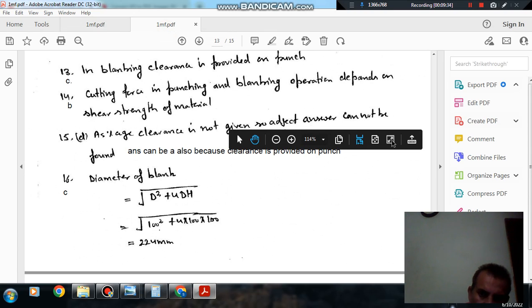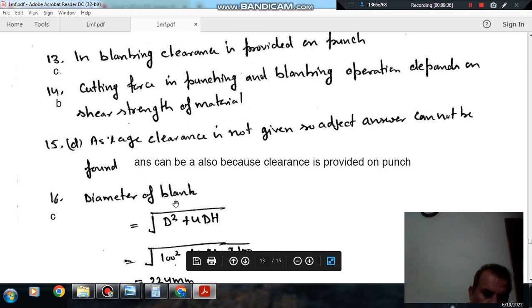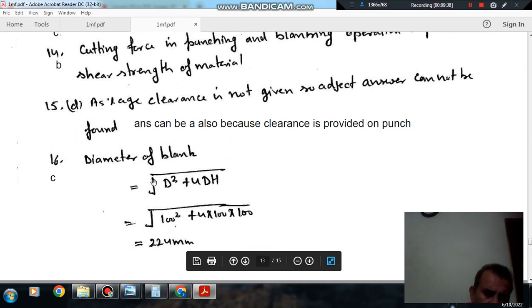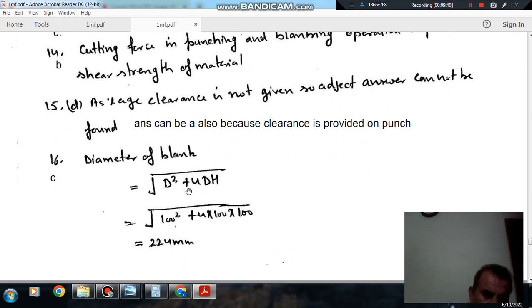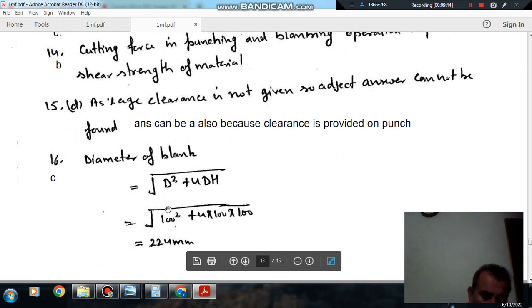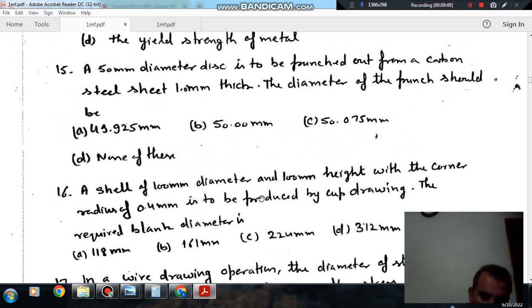So here the diameter of blank is given by root of d square plus 4dh. d is the diameter of the cup, the shell, and h is height of the shell. And r is corner radius.